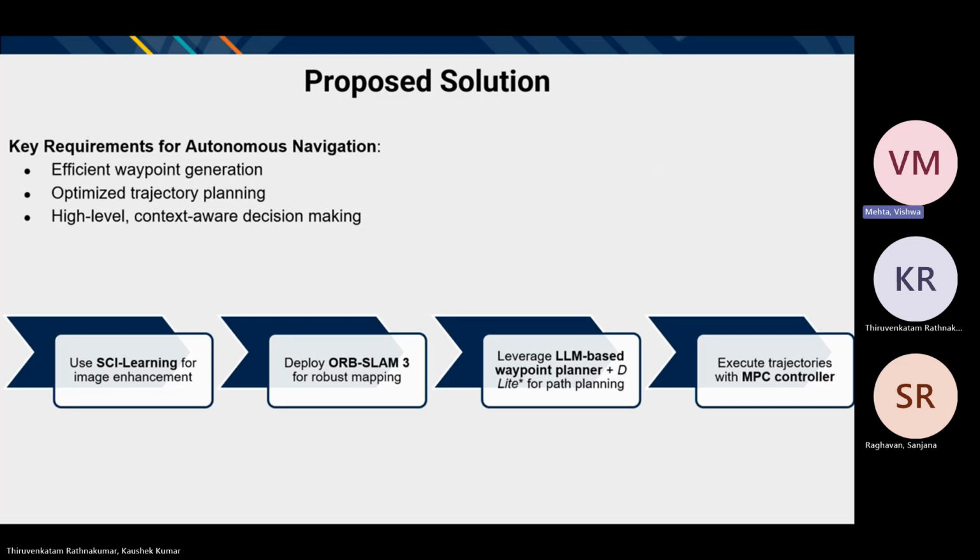For this, the proposed solution can handle efficient waypoint generation, optimize trajectory planning, and support high-level context-aware decision making. We use Learning for image enhancement, ORBSLAM for robust mapping, an LLM-based waypoint planner plus D Lite for path planning, and execute the trajectories with an MPC controller.